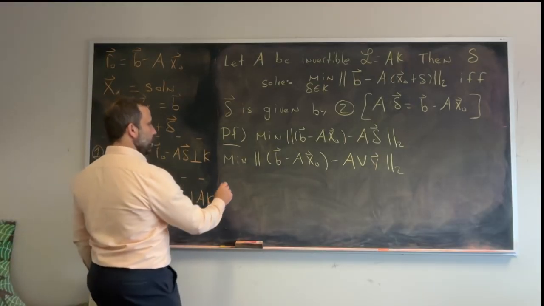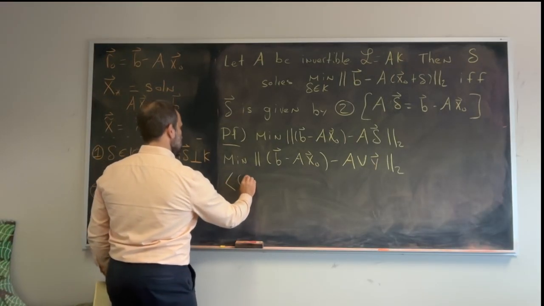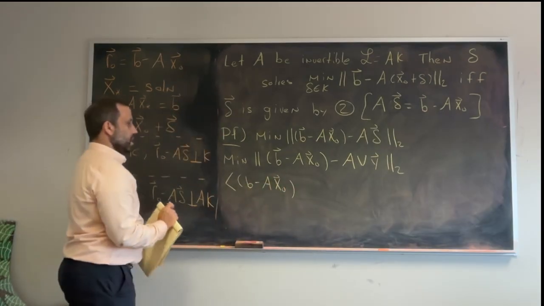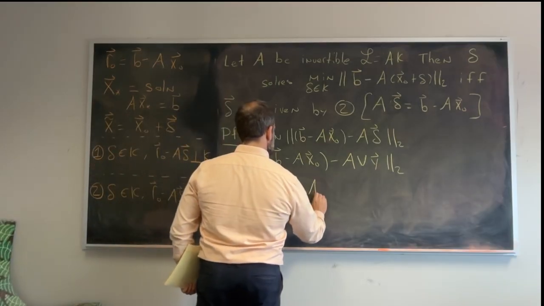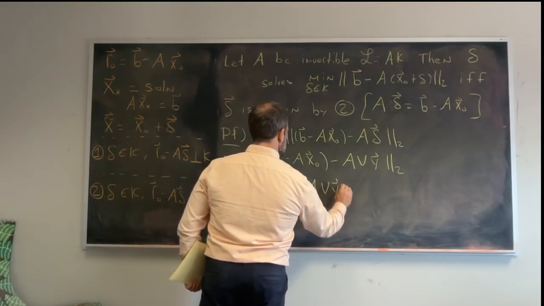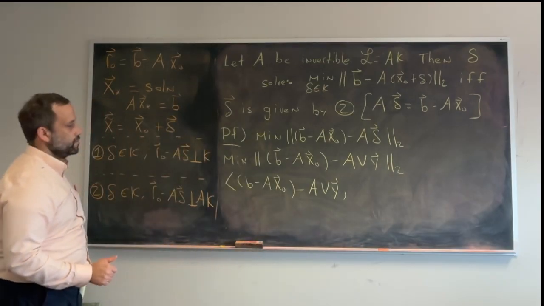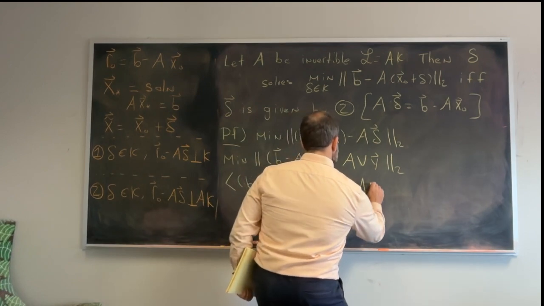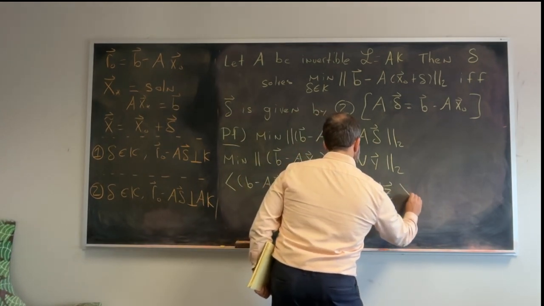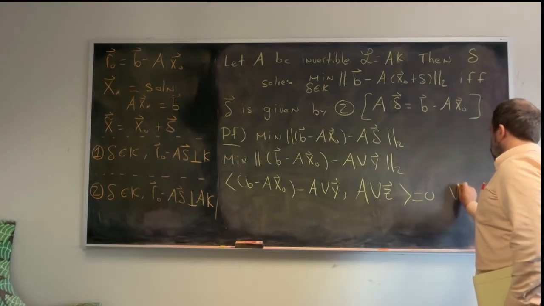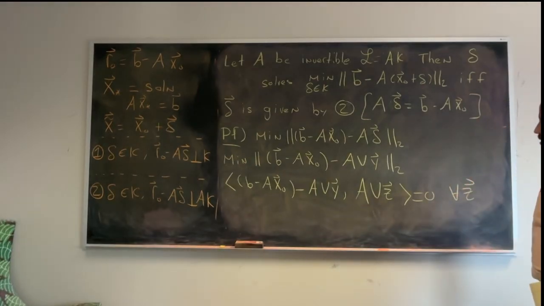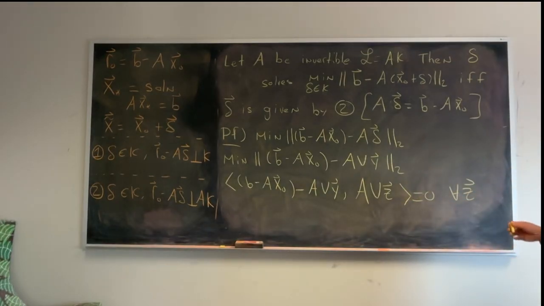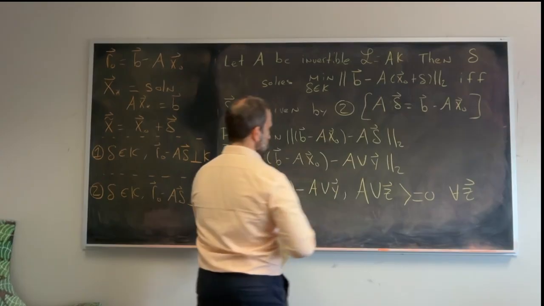So we want B minus AX naught minus AVY to be orthogonal to the column space of A times V. In other words, we want this to be equal to 0 for all Z. Because as Z runs through its space, AV times Z is going to run through the column space of AV.